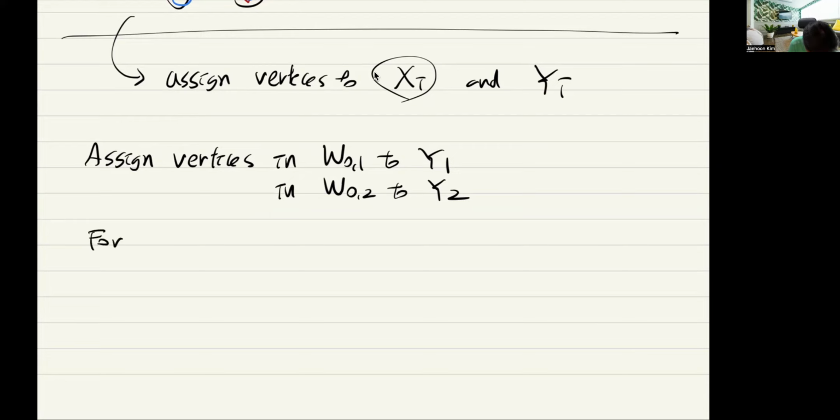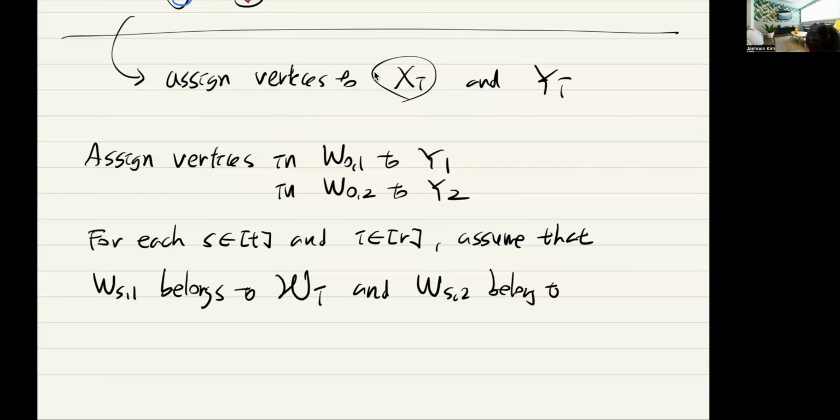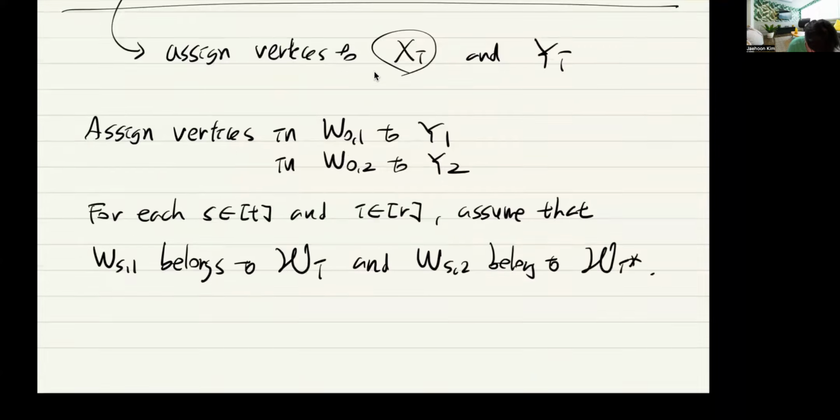And now we consider each F and I, and assume that its WS1 belongs to curly Wi and WS2 belongs to curly Wi star.